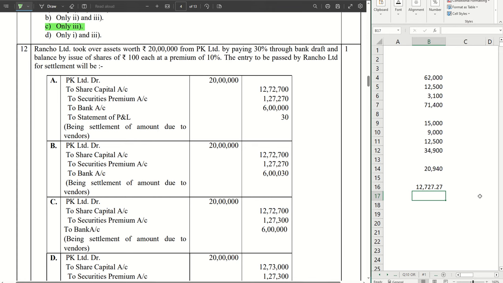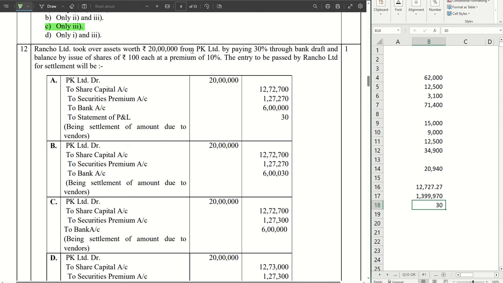Shares cannot be in fractions, so 12727 shares will be given to him at the rate rupees 110, which is coming to 13,99,970, and that leaves a balance of 30 rupees that has to be paid via bank draft.